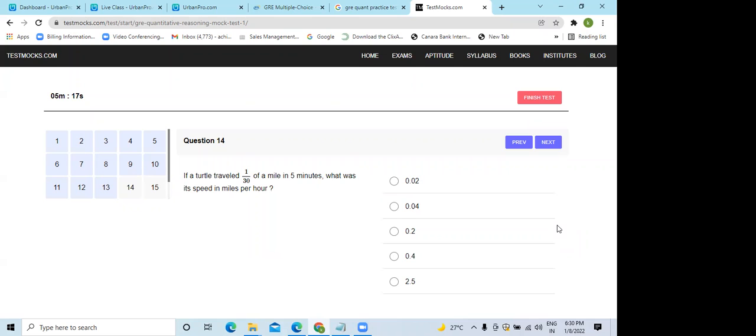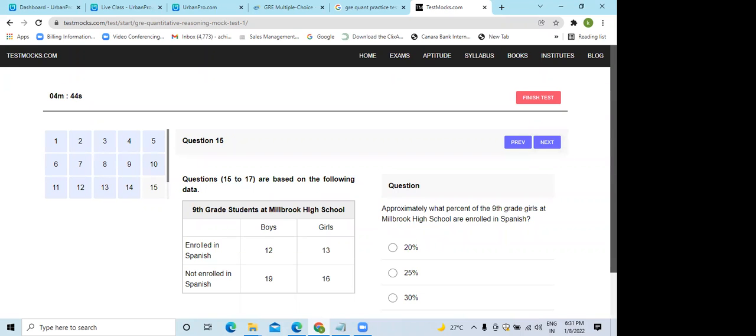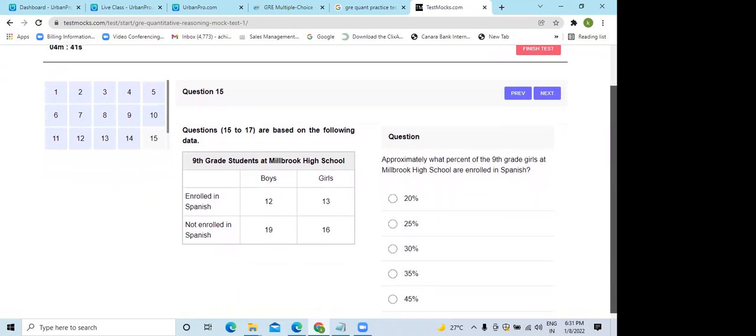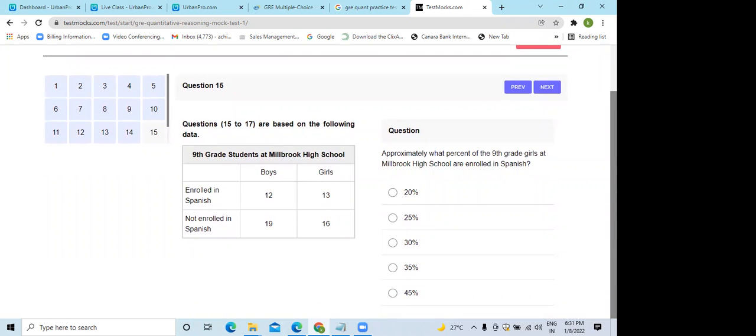Miles per hour. 0.4, sir. Percent of ninth grade girls.